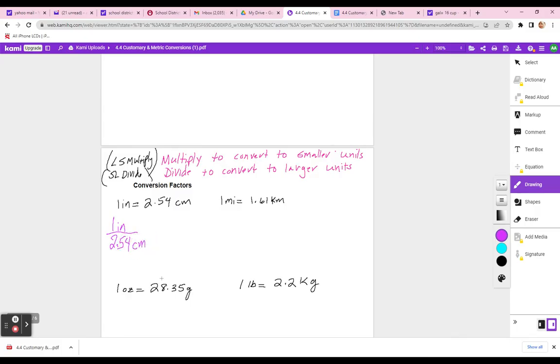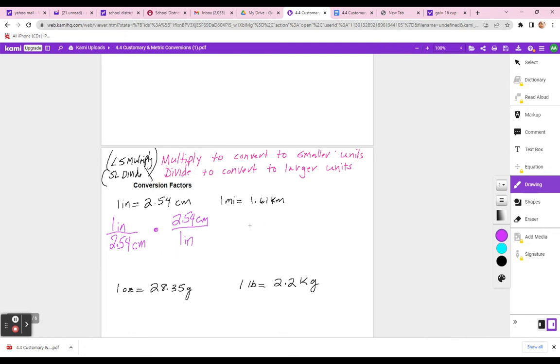And that's called the conversion factor. Or we can write it this way, 2.54 centimeters is the same as 1 inch. Okay, so both of these say the same thing. And you need to be able to switch between these two when you're using dimensional analysis.